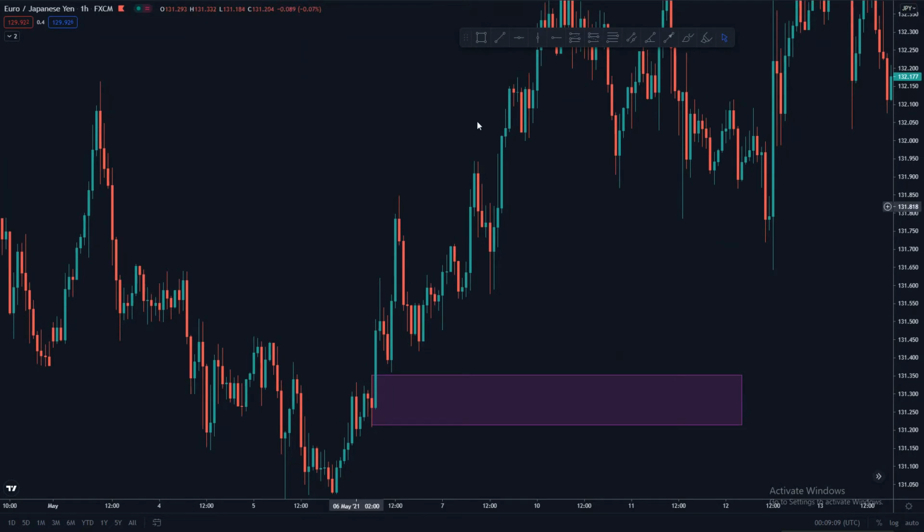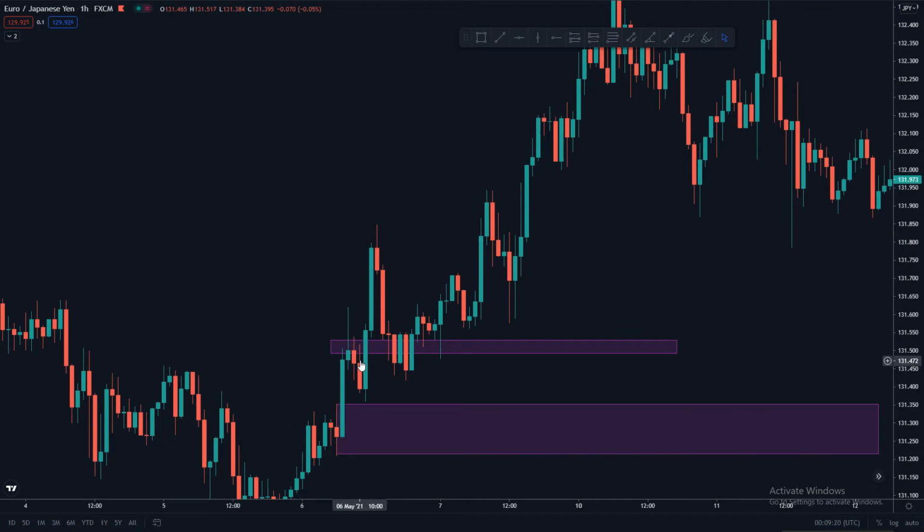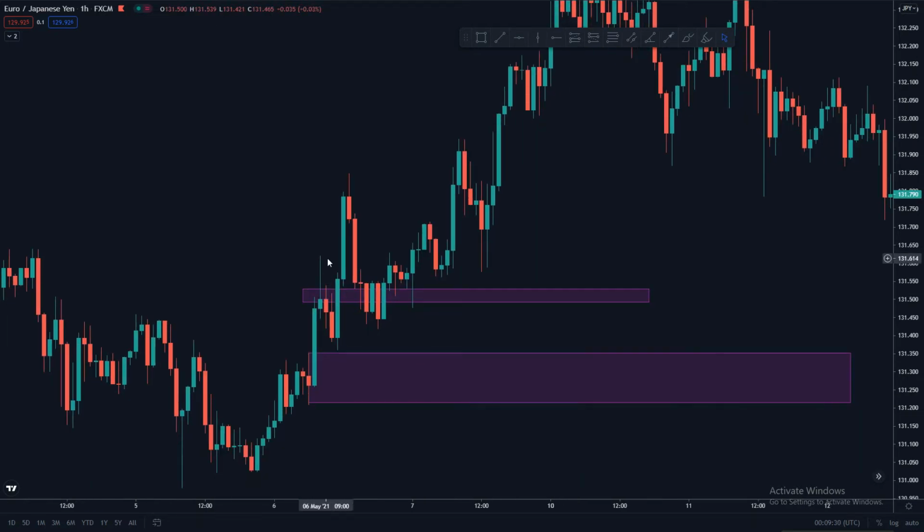Of course, this one. Now we have a higher high here. And what happened? The last bearish candle, this one, helped this move to break this higher high, you guys. I hope you are understanding this.